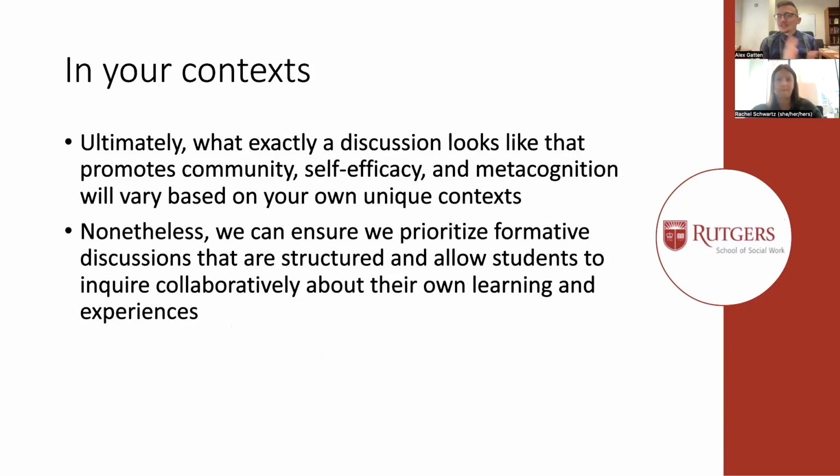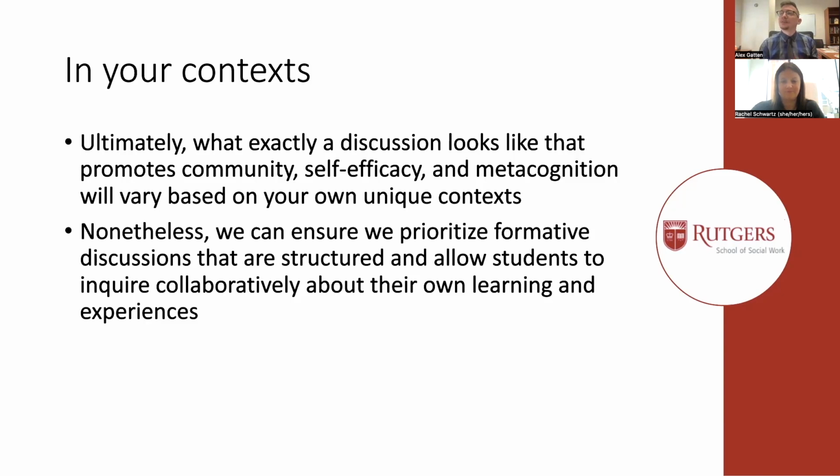So we're just going to kind of leave this now to think about this in your own context. What exactly a discussion looks like that does all these things is going to vary based on unique context, whether that's the discipline. I'm sure that's often a big concern for instructors, individual disciplines, but also the communities that your students are in, the types of programs, if they're undergraduate, master's, doctoral level, right?